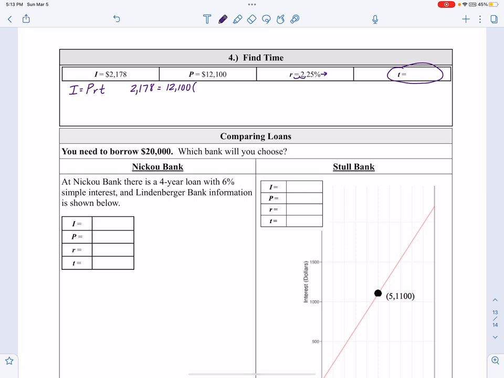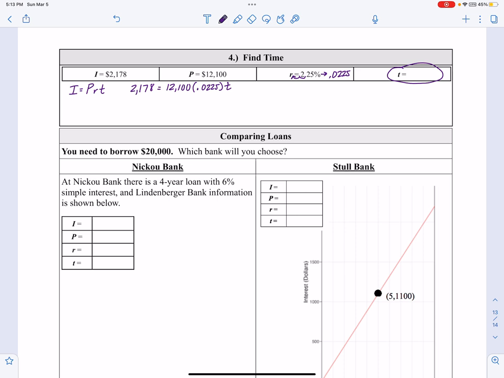So divide by 100, that's what percent means, per 100. And we have 0.0225 as a percent. And then our time is just going to be the variable t. And make sure you curve the bottom there so it doesn't look like an addition symbol.